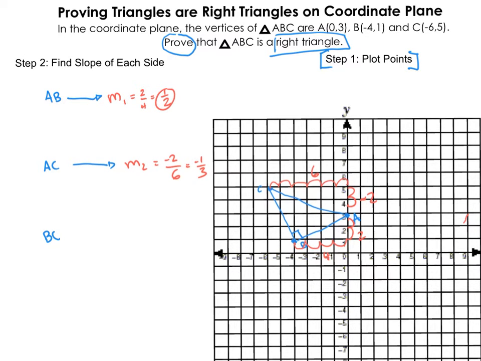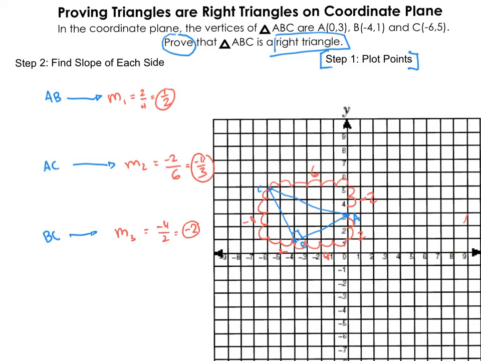And for our third slope, which is BC, we're going to count once again. Left to right, we go down 1, 2, 3, 4, over 1, 2. So our M3 is equal to -4 over 2, which reduces to -2. Okay, so these are our three slopes.